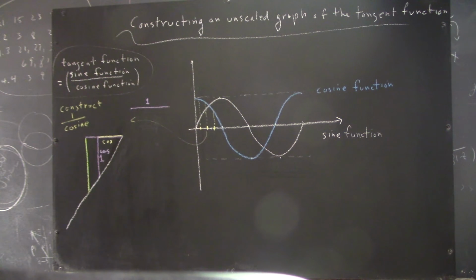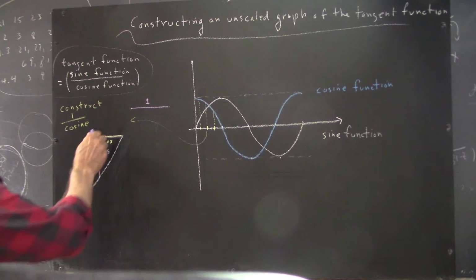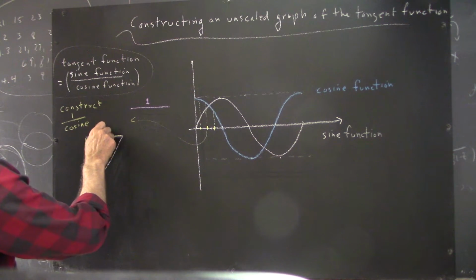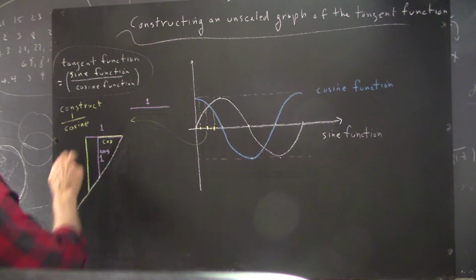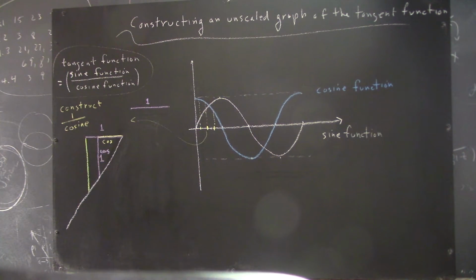And you should understand similar triangles well enough to understand that if this side is 1, and this side is the value of the cosine, and this side is 1, then the length of this side is the reciprocal of the cosine.